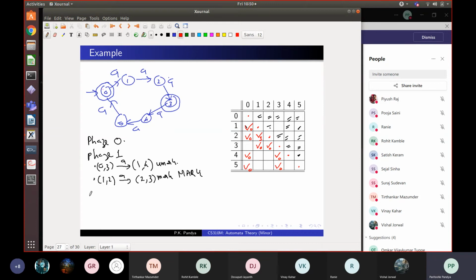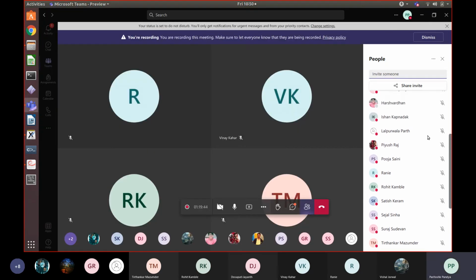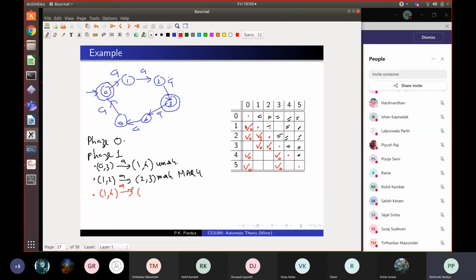Now let's consider the pair 1,4. Somebody has to help me with that. I will write it in red here. 1,4 on an A. Parth, are you there?